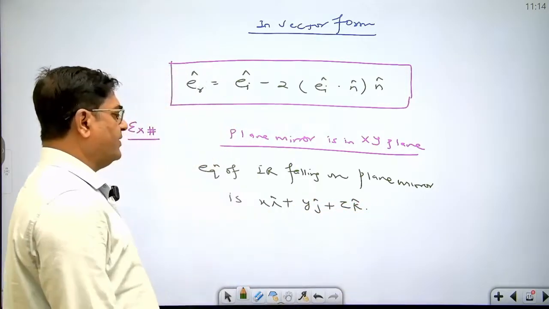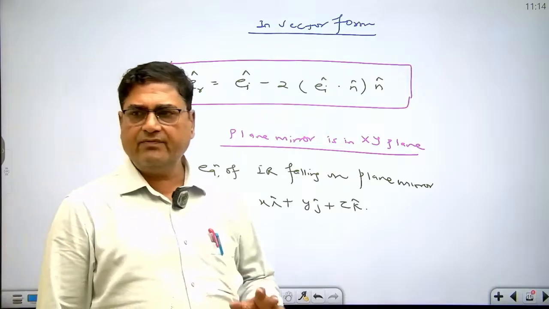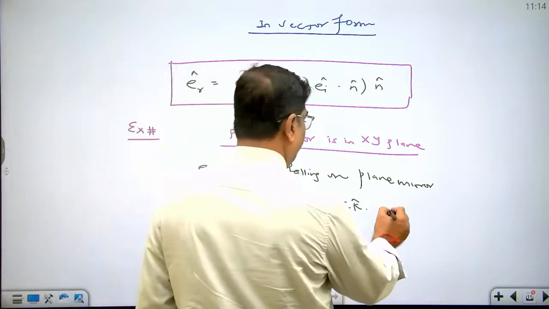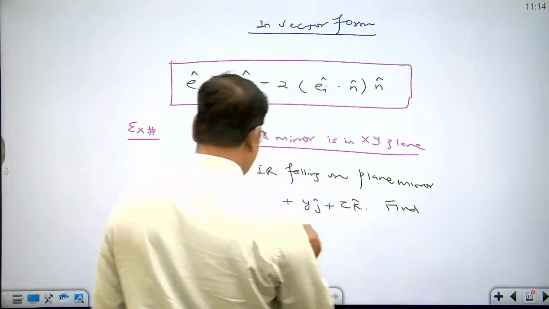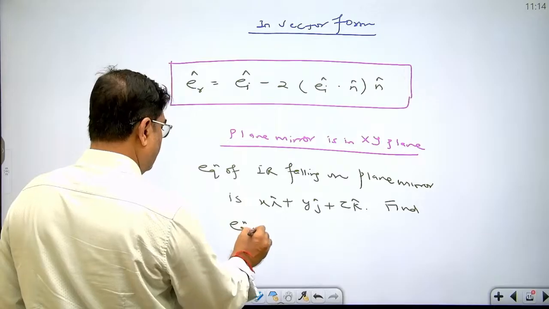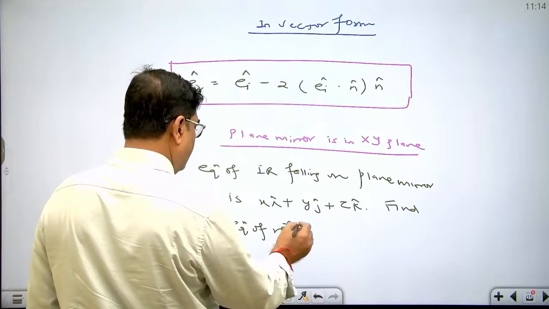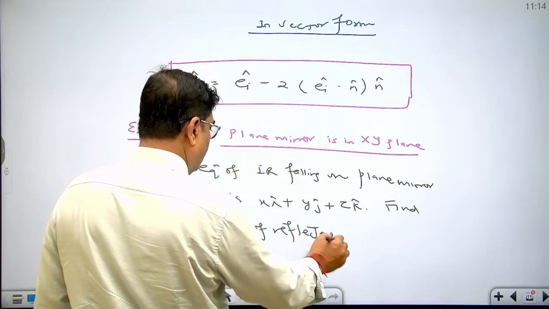This is the equation of the incident ray. Now we have to find the equation of the reflected ray.